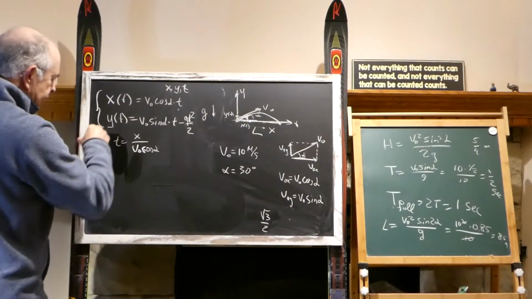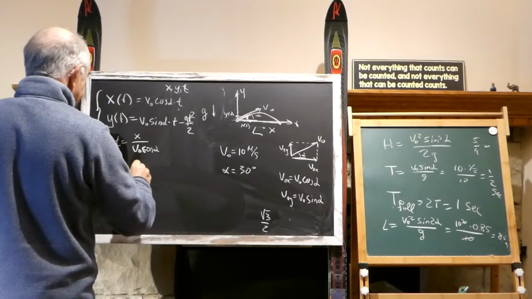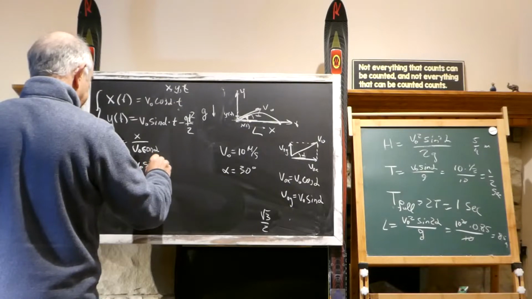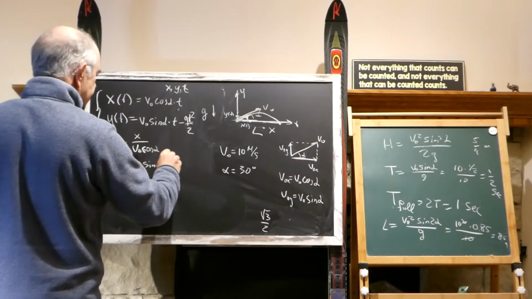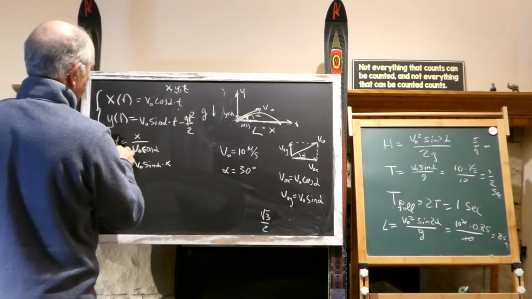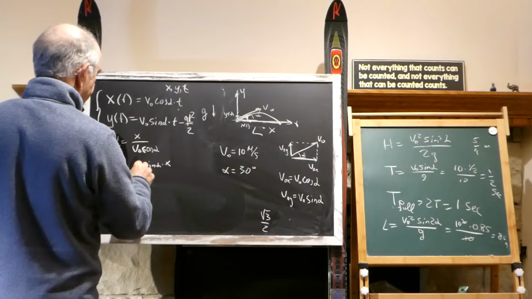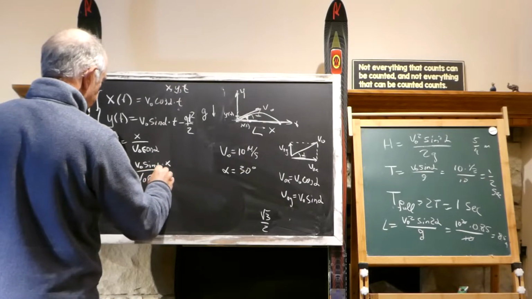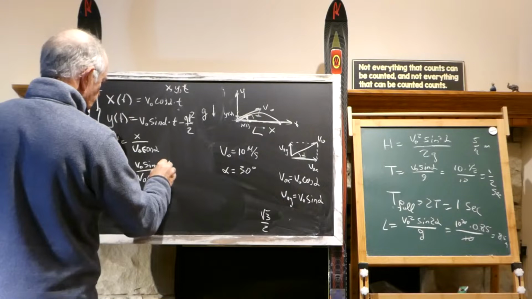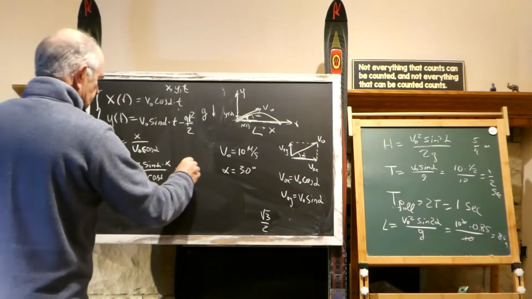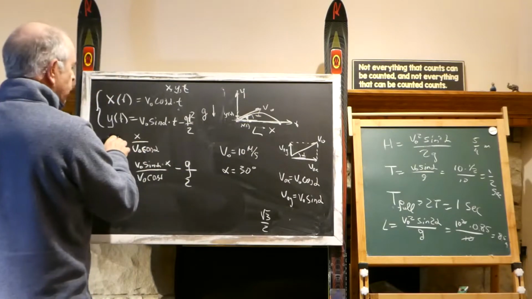And of course I can plug it in this, and I have y equal v0 sine alpha multiplied by t. t would be x over v0 cosine alpha. And I plug this here, minus g over 2, and then I have to plug this.